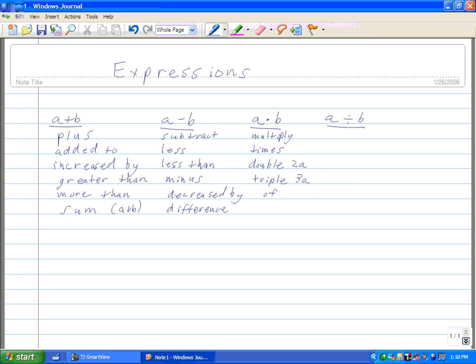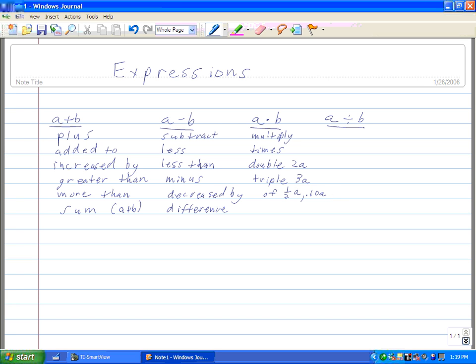Now, of is used specifically when you're dealing with fractions, like half of a number is 1/2 A, and of can also be used with percentages. If you say 10% of a number, that's 0.10 times the number.